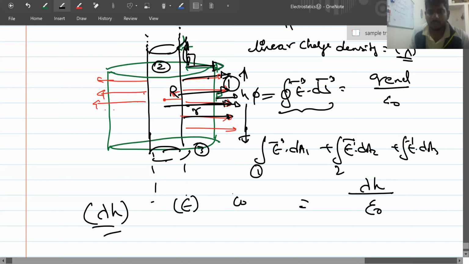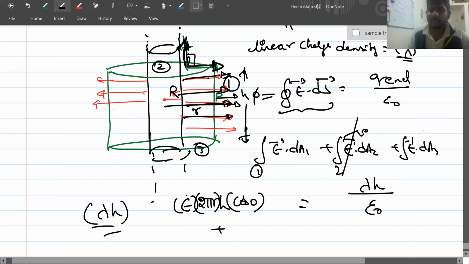Parallel is cos 0, and the integration of all the area is the curved surface area of the cylinder, that is 2 pi r h. The second area will be perpendicular to the electric field, so it will be 0.